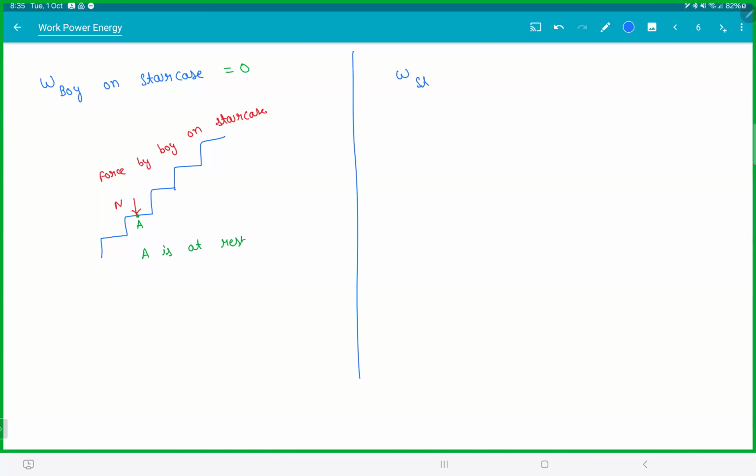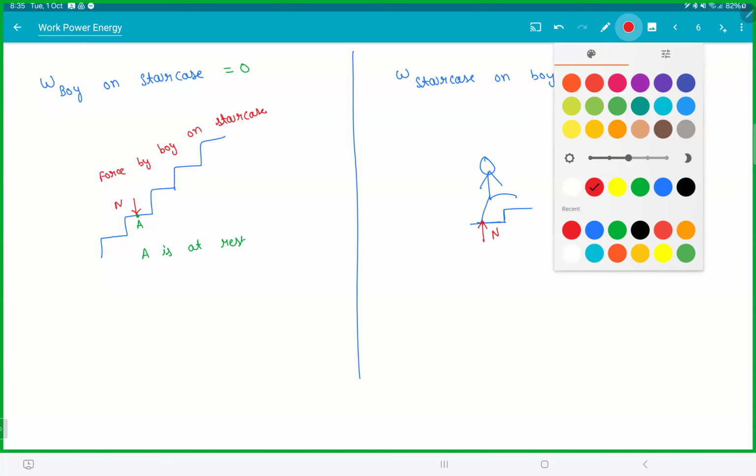Reverse. Work done by the staircase on the boy. Now, the system is the boy. This is interesting. Look here carefully. What is the staircase doing? The staircase is pushing you up. Perfect.